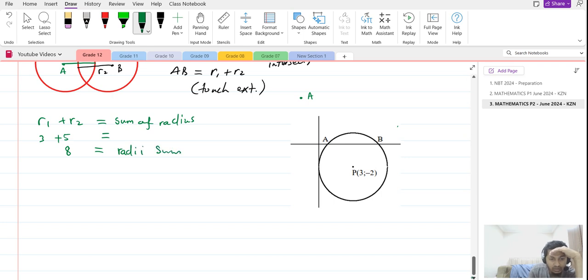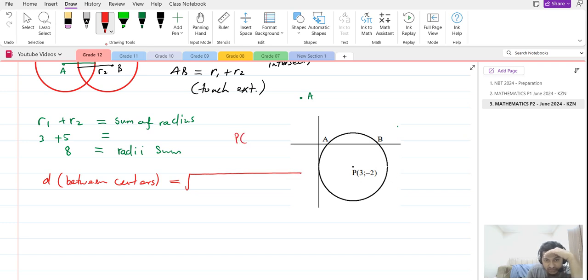Now what's the distance between the centers? The distance between the centers is found using the distance formula.